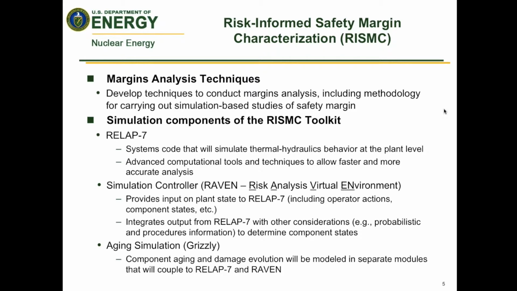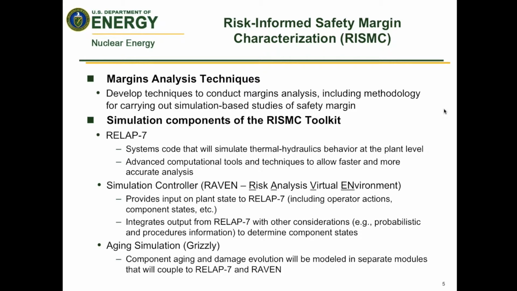This is our next generation of thermal hydraulic systems codes, and it's an advanced computational tool and technique to allow faster and more accurate analysis of the thermal hydraulics environment. Again, it's a systems code for nuclear power plant thermal hydraulics simulation. Another code is the RAVEN code, and this is the simulation controller, so this is what really drives the scenario that's being studied.